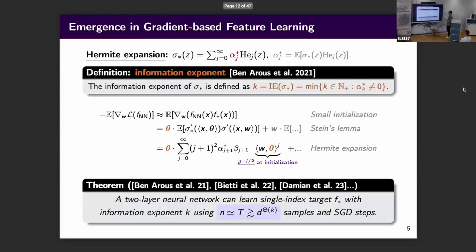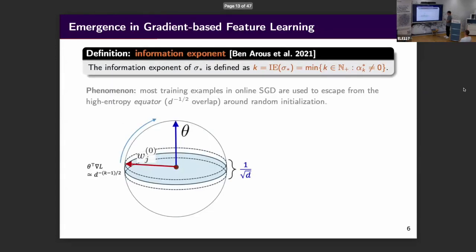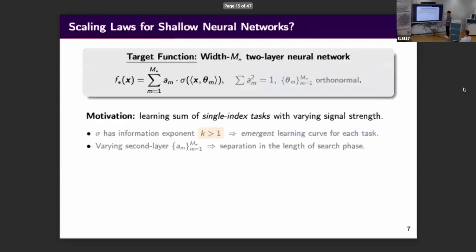And now, if learning a single index model gives me an emergent risk curve, the target function we should consider for this additive model class would just be a two-layer neural network, right? Because this is a sum of a bunch of single index models. The width of this target function will be m star. For each task, the sigma will have information exponent greater than 1.